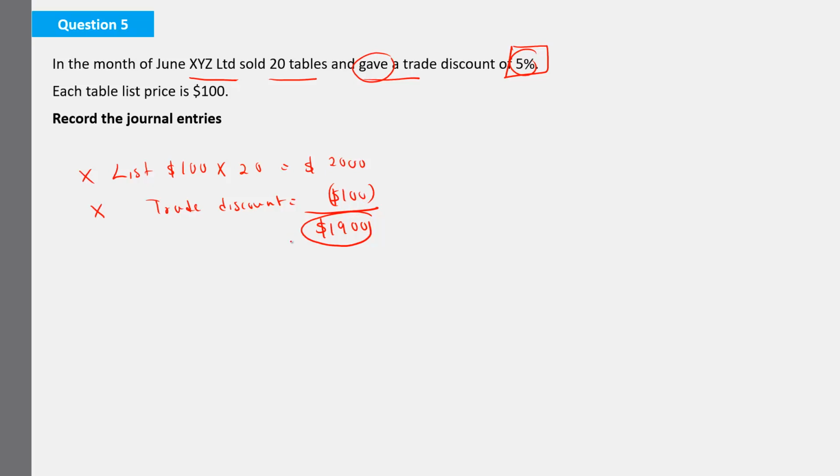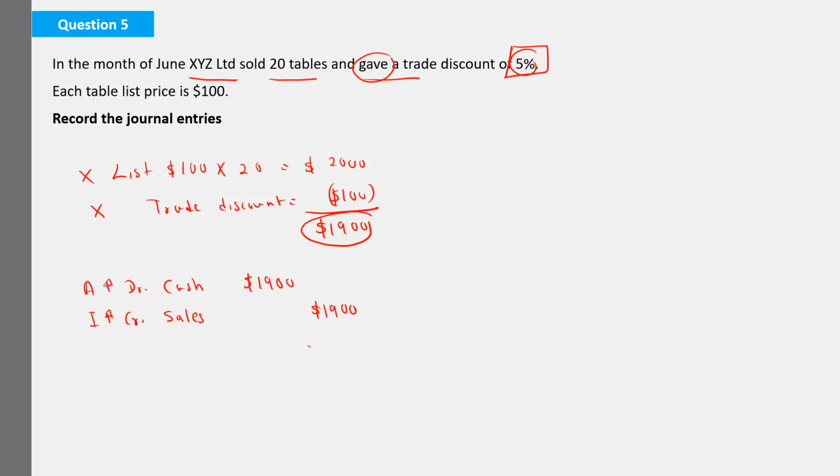So cash is an asset. Asset increases, it's a debit record. Cash asset is increasing by $1,900. And it is a sale for me. Sale is an income. Income increases, it's a credit record. Which income? It's a sale income. How much is that? $1,900.